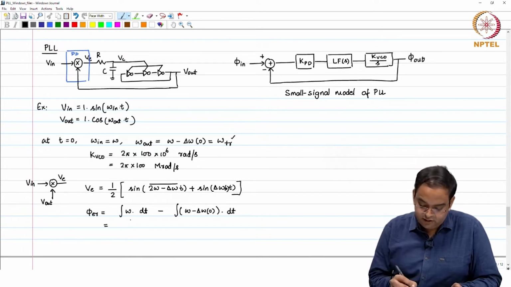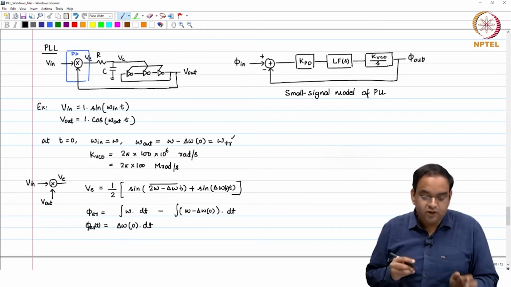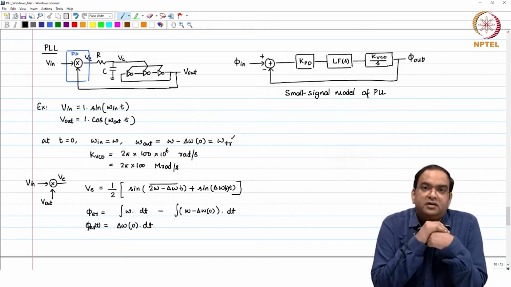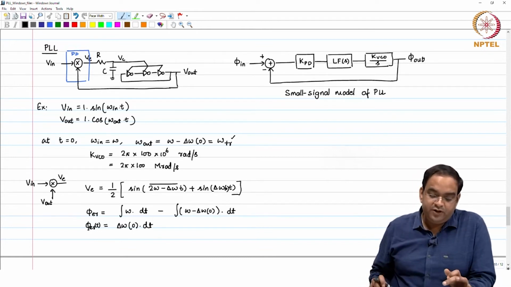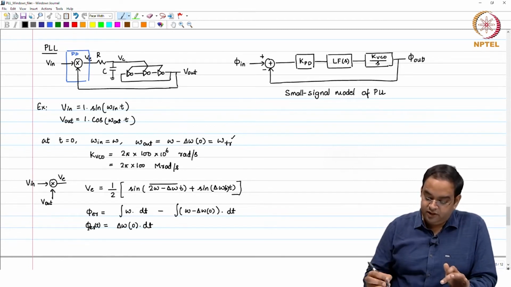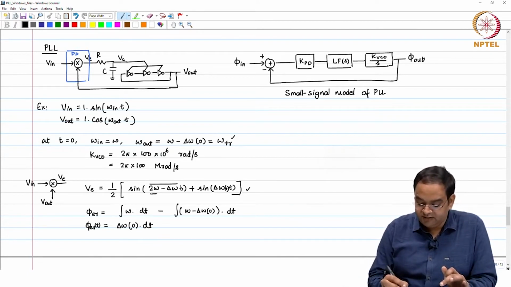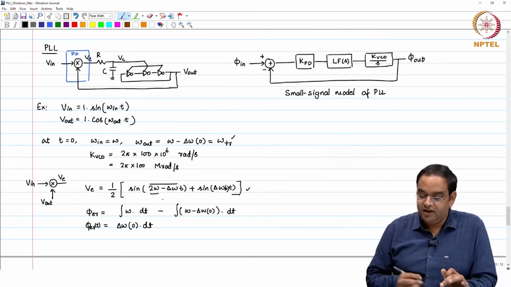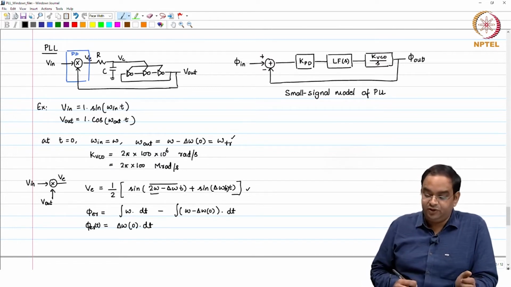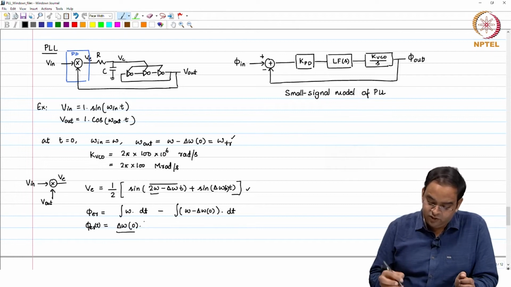So, what you are going to get here is delta omega 0 times t. If you treat the mixer in open loop and you have a frequency error between the input and the output signal, you are going to get the phase error given here, where one component is at 2 omega minus delta omega and the other component is delta omega 0 times t. And the phase error would linearly increase with respect to time.